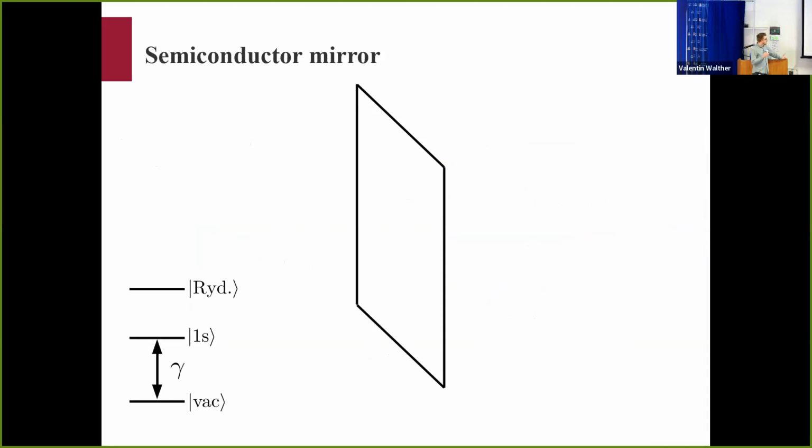Now let's put all the ingredients together. We have this mirror. We have Rydberg interactions. Let's say, just for argument's sake, the Rydberg interactions are very large, so the blockade radius spans the entire illumination spot. And we already learned about EIT, if you don't remember, it's here on the slide.